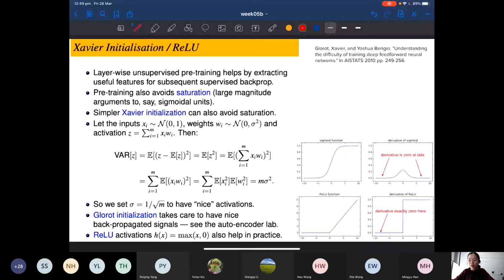Right, so the problem of saturation, as a reminder, is when we operate on the flat spot of the sigmoid function, or say the ReLU activation function, where the derivative is 0. If this happens in some later layers, the gradient that propagates back is also 0.